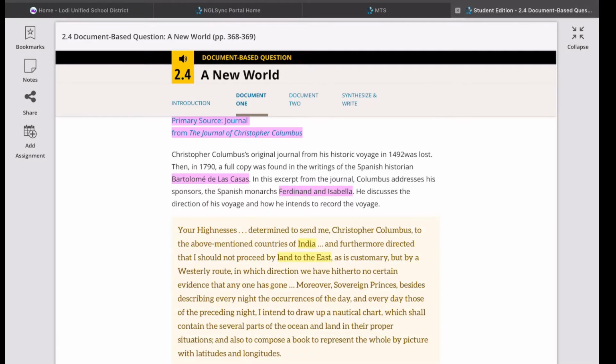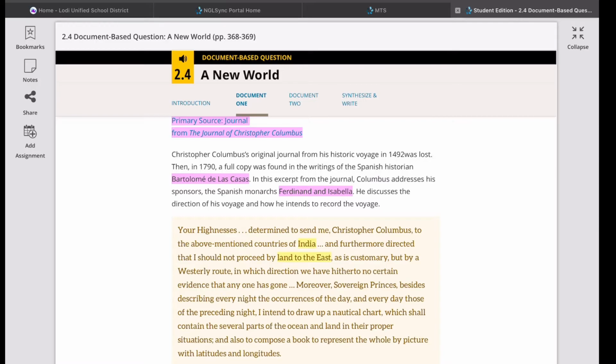Moreover, Sovereign Princess, besides describing every night the occurrences of the day and every day those of the preceding night, I intend to draw up a nautical chart which shall contain the several parts of the ocean and land in their proper situations, and also to compose a book to represent the whole by picture and with latitudes and longitudes."